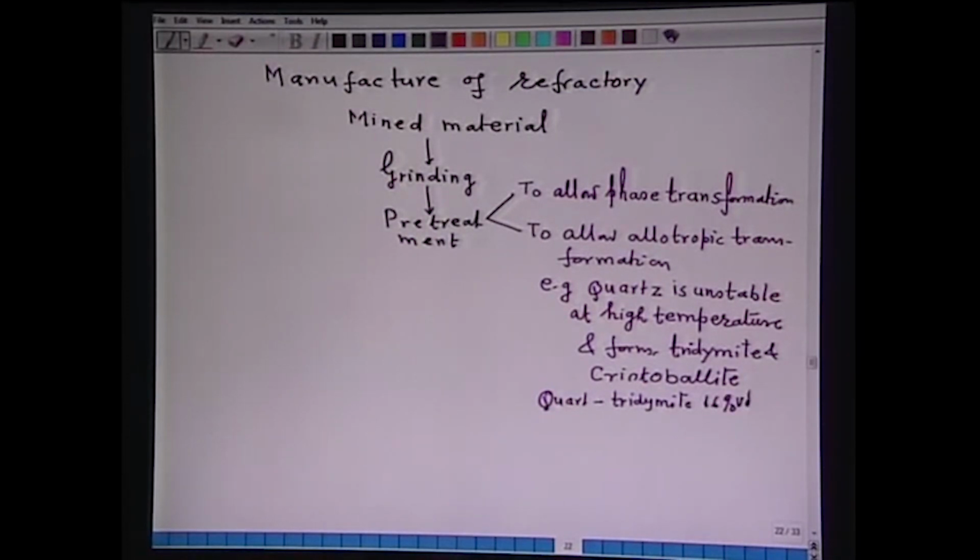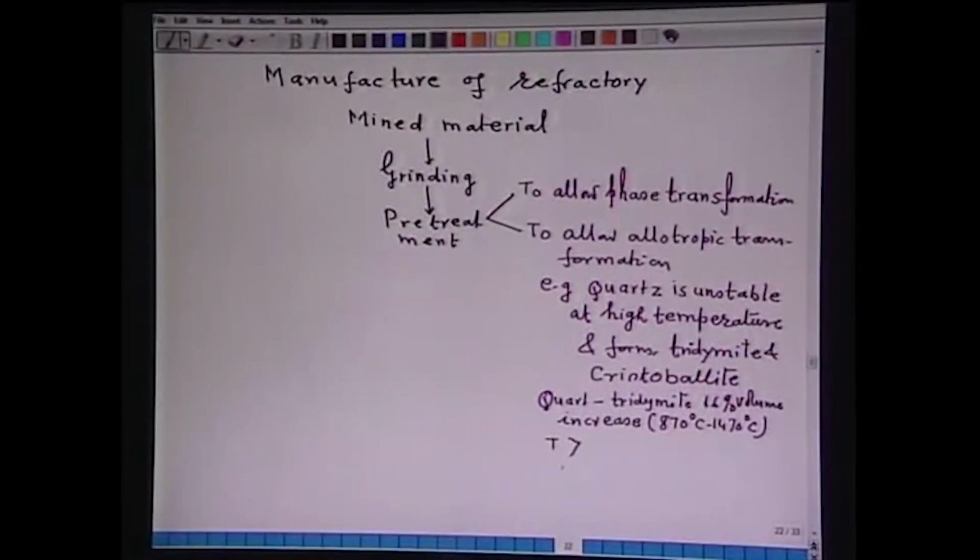16% volume increase. Note down, this is very important, 16% volume increase, and this transformation temperature is 870 degrees Celsius to 1470 degrees Celsius.